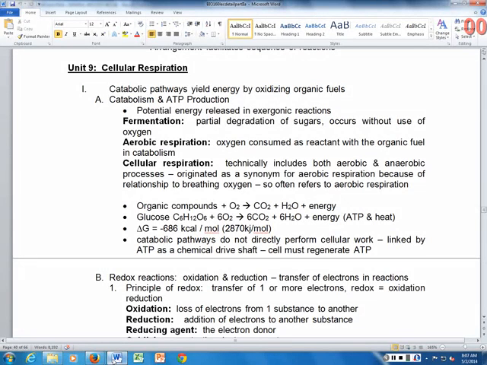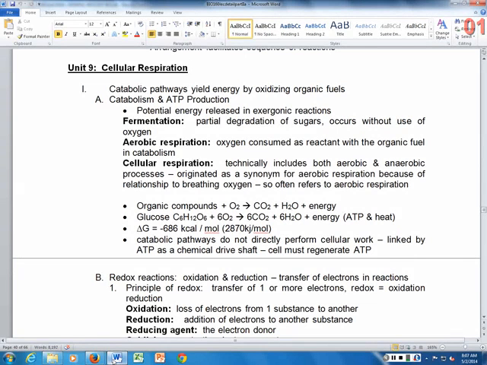So the catabolic pathways are going to end up yielding energy because they're going to oxidize organic fuels. So catabolism, we know, is breaking things down, and it's the potential energy that's going to get released in these exergonic reactions. So exergonic means you're going to release energy. There are two main pathways in here.